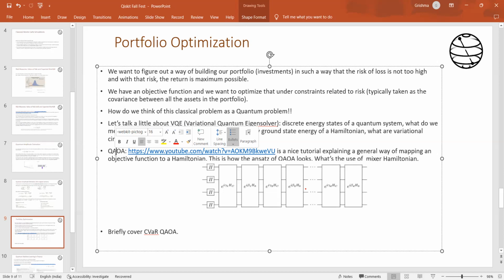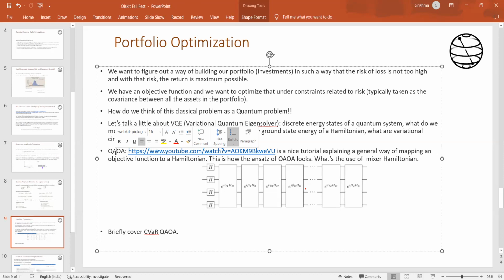Though your architecture is set, your neural network is something like a variational circuit. I mean, it's not a circuit in the quantum sense, but it's variational in the sense that you can keep tweaking your parameters and coming up with the best possible parameters that give you the best possible results. So you do the same thing here.